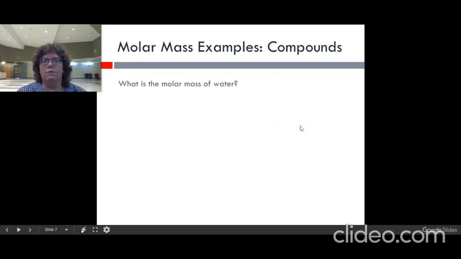For compounds, they're a little more complicated. You have to do some addition, but you have to add up the molar mass of all the elements that are in that compound. So if we talk about the molar mass of water, water has hydrogen and oxygen in it. So we take the molar mass of hydrogen, which is 1.00, and we multiply it by 2, because there are 2 hydrogens in this water molecule.